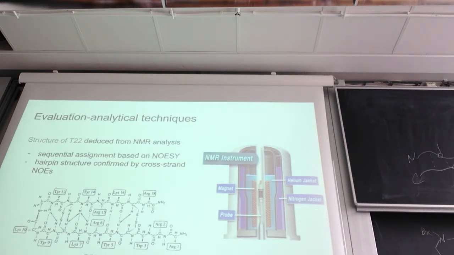And a stable beta-hairpin structure, which was adopted by the T22, was approved by NMR. And the arrows in this figure represent the long-range NOEs of the protons located in the interior of the beta sheets on the opposite beta strands, and they help confirm this structure.